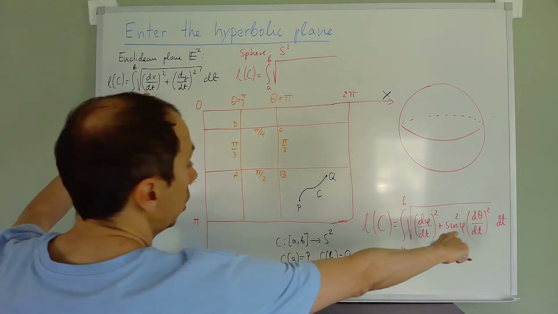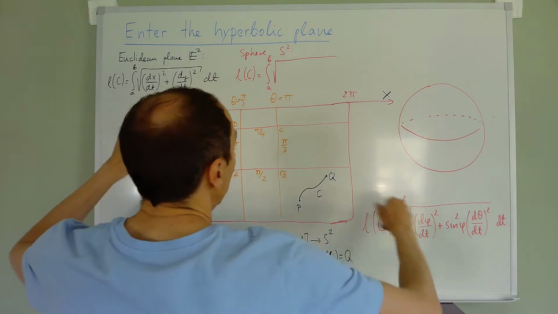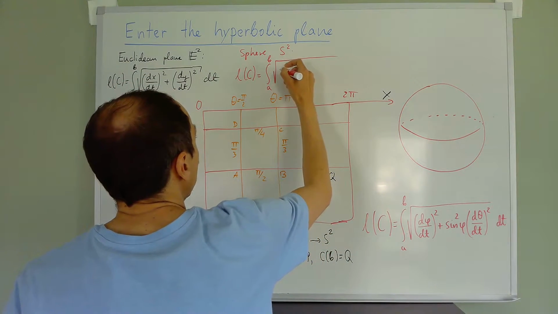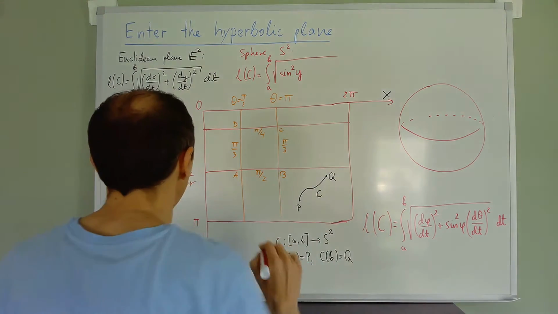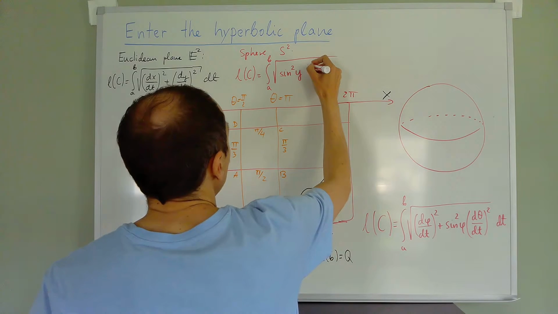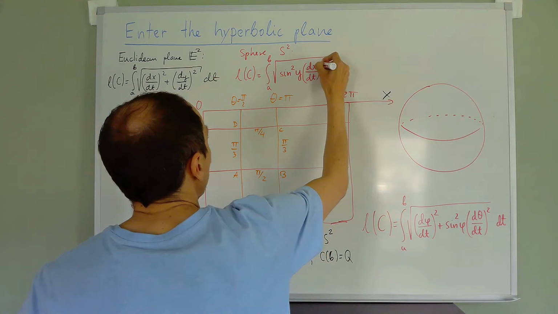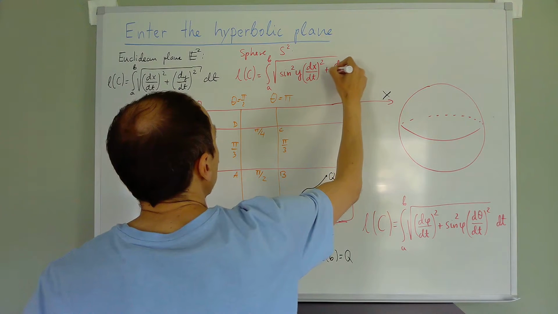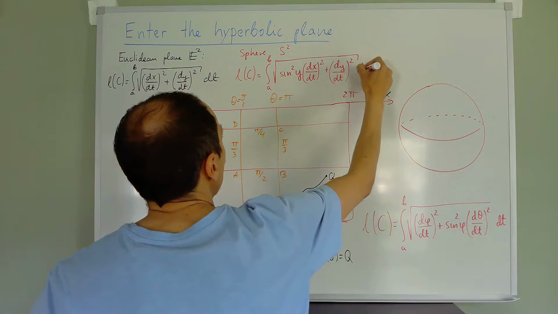So, in symmetry with this, let's put the derivative of x with respect to t first. So that's going to be sine squared of y, remember phi is y now, (dx over dt) squared plus (dy over dt) squared, dt.